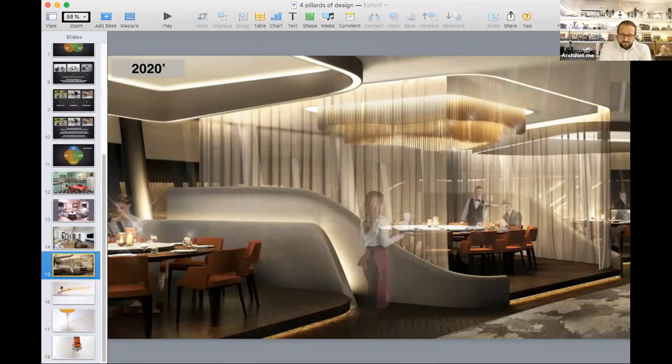These are designed by industrial designers, not interior designers, so the interior designer is selecting from specified suppliers or manufacturers who design things like this chandelier or the chair. Yes, absolutely. I agree.